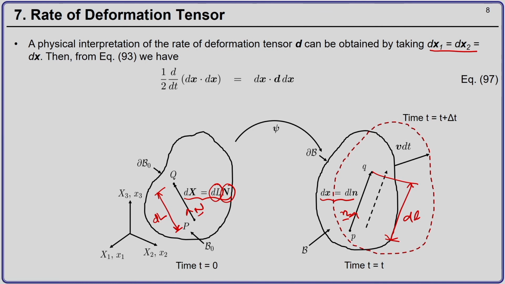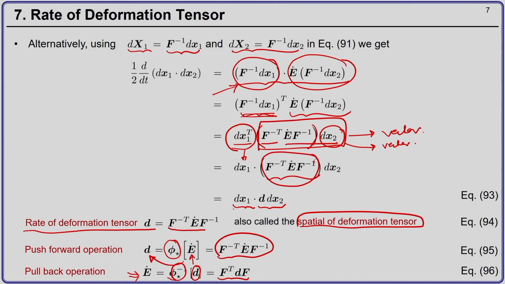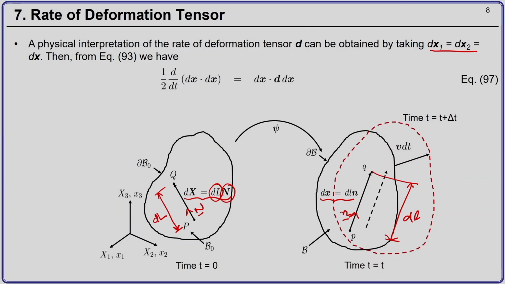So, dx is dl into n. If we substitute this in our previous expression, equation number 93, what will I get? 1 by 2 d by dt of dx dot dx equals dx dot d dx. Now, I know that dx is nothing but dl into n, so I can substitute this in equation number 97.